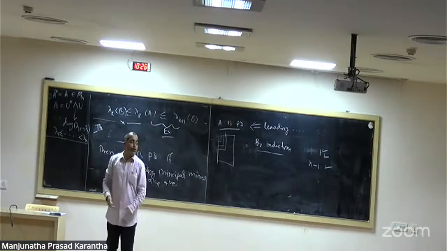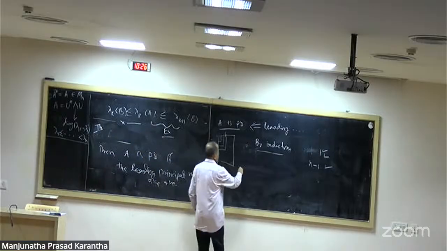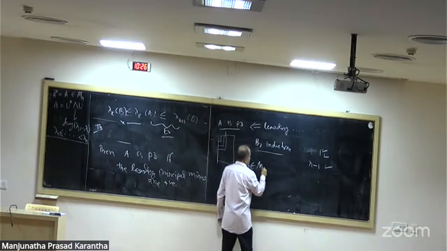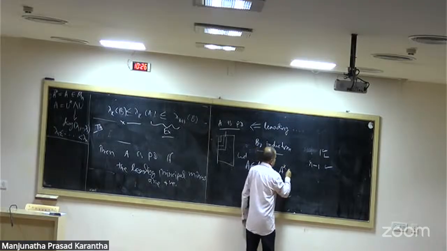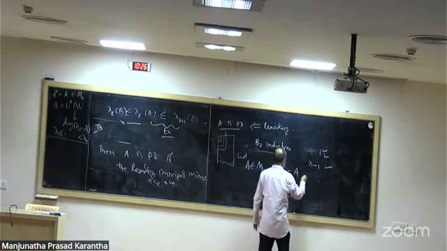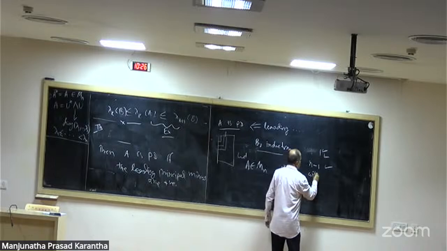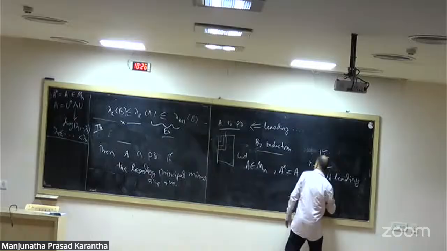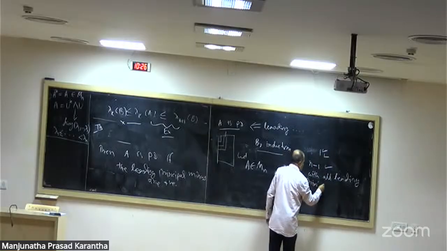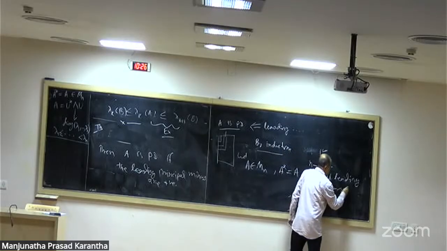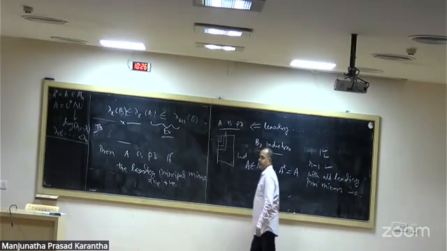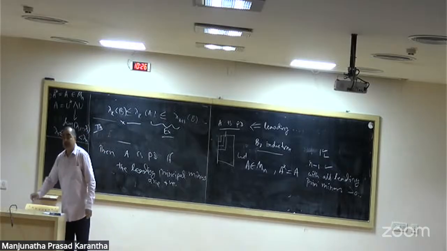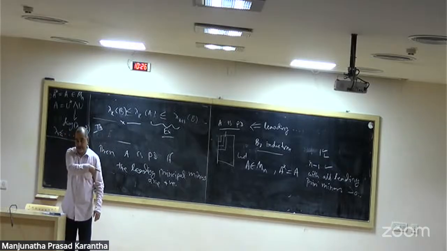And suppose that you have a Hermitian matrix A of size n with all leading principal minors positive. Then I want to prove that this is positive definite.